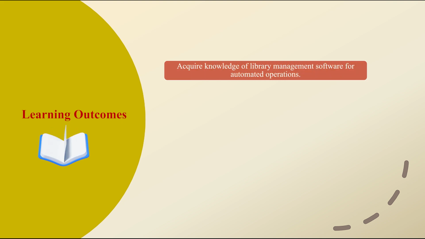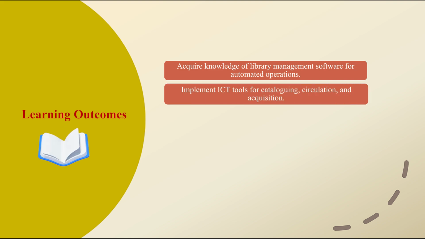So, learning outcomes: what should be the learning outcomes? We have to know what we should learn and what we should earn through this course. Learning means earning, and earning means the knowledge we acquire. Acquire knowledge of library management software for automated operation. Knowledge of library management software is the most important part of this. Then implementation of ICT tools: how you should implement the ICT tools for cataloging, circulation, and acquisition.